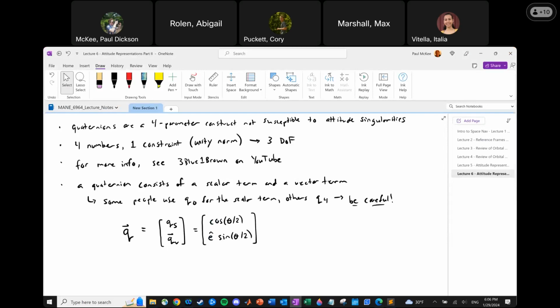That's why we decided to learn things in this order. And so if we were to write this out in vector form, this would look like this. So we have cosine of theta over 2, E1 sine of theta over 2, or I guess EX, E2 sine of theta over 2, or I guess EY, and E3 sine of theta over 2. And that's going to give us our 4x1 vector.